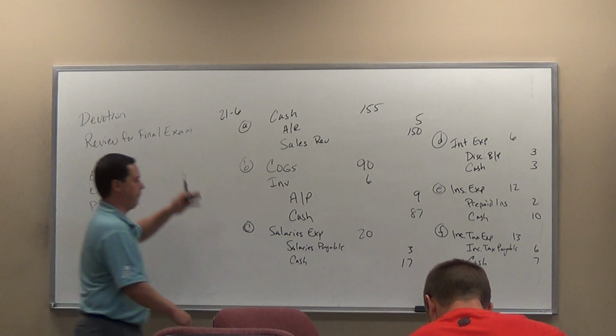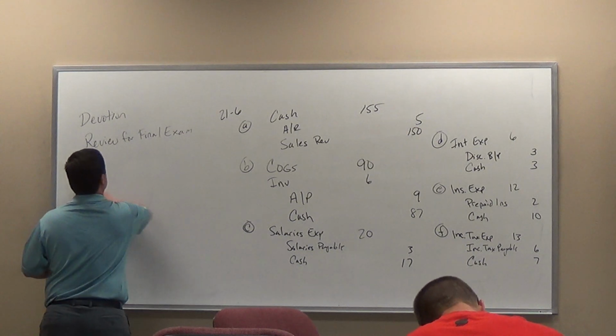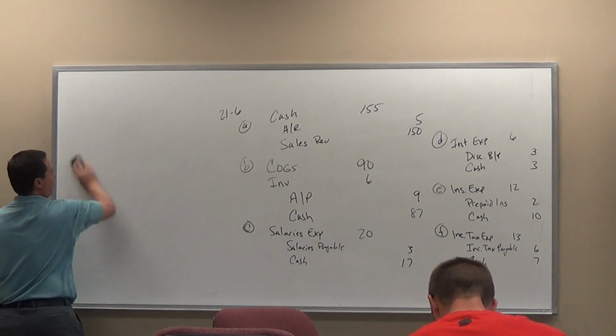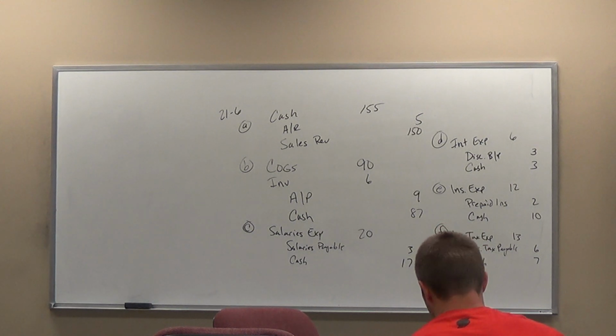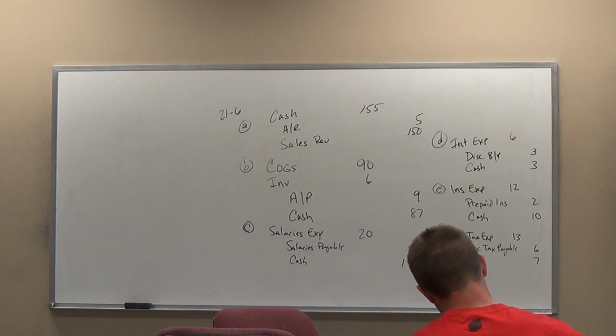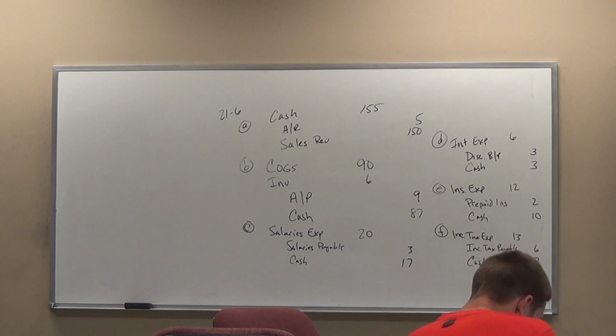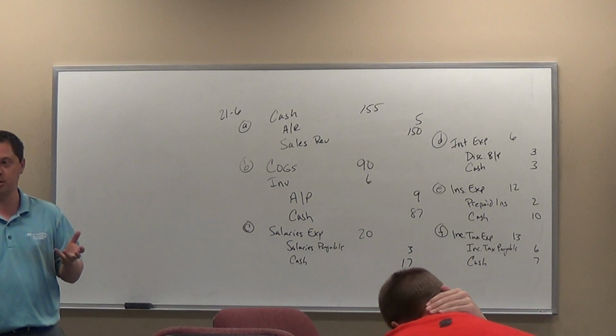All right, I'll let you take a look at this. The last part of this, I'm going to erase this so I can work over here. We're going to do our statement of cash flows. Now, what are we using here? We're using the direct method. Remember, it's a little different here. What we start with in the direct method is the cash received from customers.